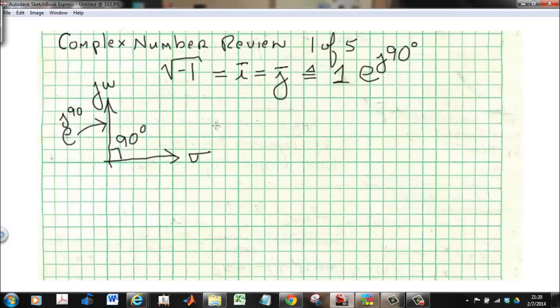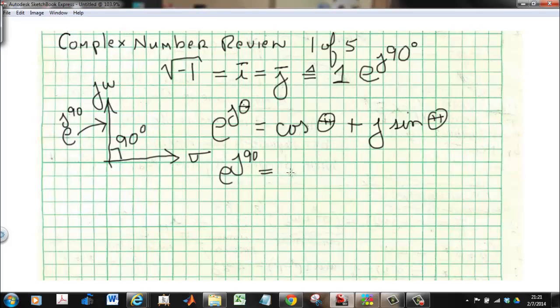You could think of any e to the j theta, where theta is an angle, as equal to the cosine of theta plus j times the sine of theta. Now, if theta is 90 degrees, then e to the j 90 is going to be equal to the cosine of 90, which is 0, plus j sine theta, which is 1.